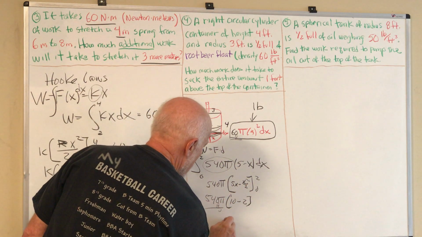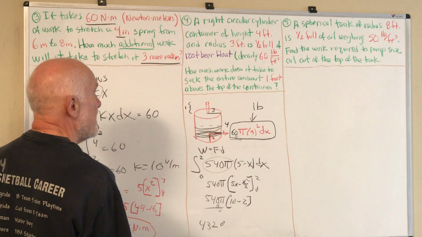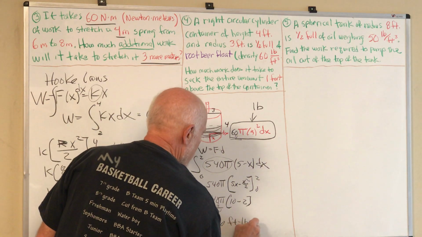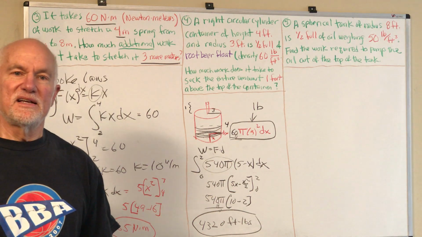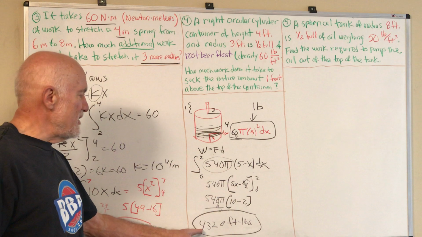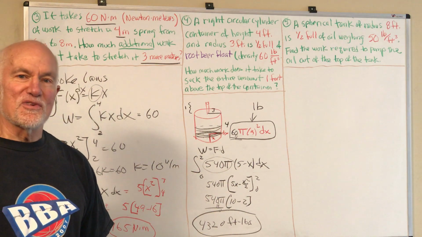So you get 4,320 foot-pounds of work to drink that root beer float. And if you're like me, you'd say it's definitely worth the effort if you really like root beer floats.